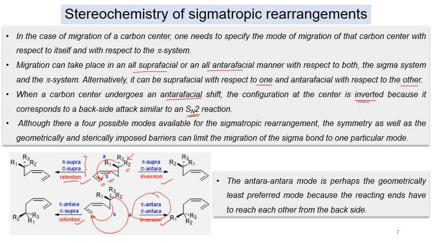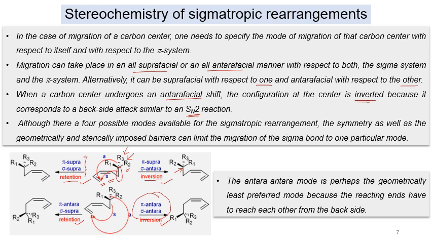That means the lobe at the back of this sigma bond is now going to react similar to an SN2 reaction, obviously leading to inversion at this particular center.